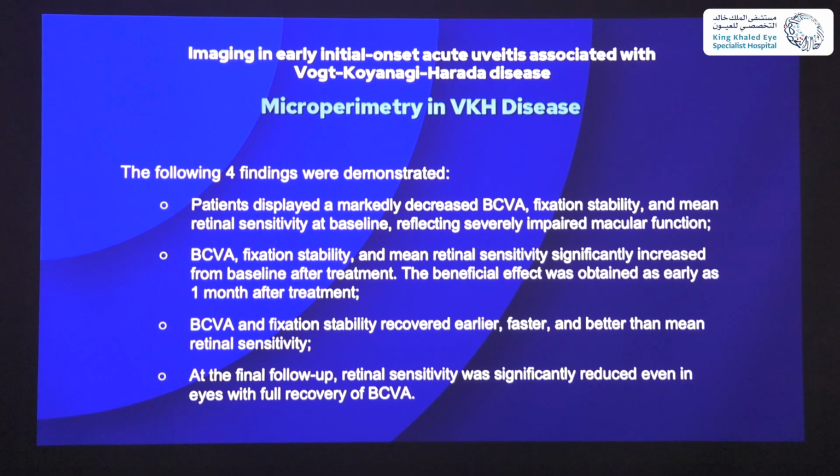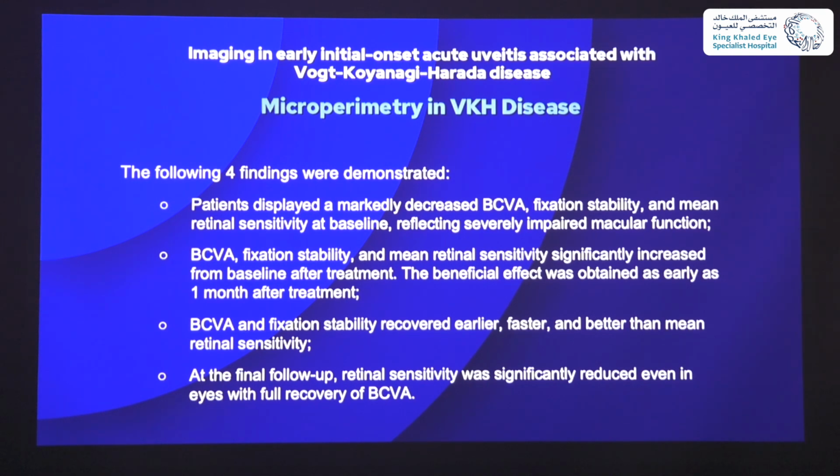So the conclusions that we can make from this study: patients displayed markedly decreased corrected visual acuity, fixation stability, and mean retinal sensitivity at baseline, reflecting severely impaired macular function. Best corrected visual acuity, fixation stability, and mean sensitivity significantly increased from baseline after treatment.